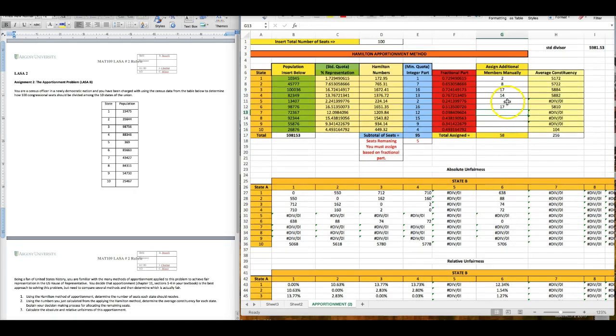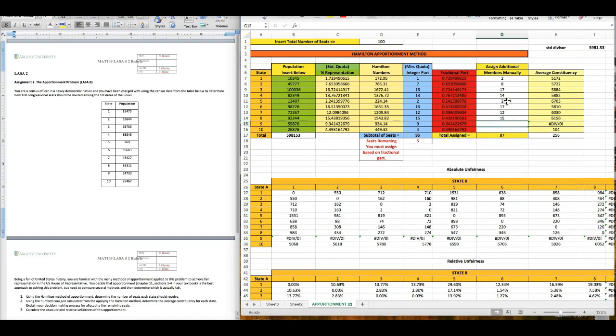And then, of course, all the rest of them get their original minimum quota amounts. Make sure we did that right. That's 12, and then that's 15, and then that's 9, and then that's 4. And we still end up with 100 here. Okay. And I'm not sure why this particular number is here. So, oh, okay, yeah, that's right. That's for something else.